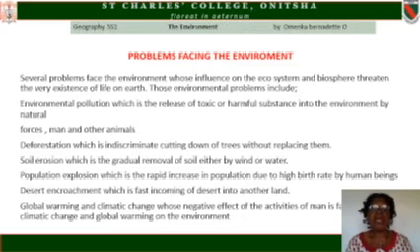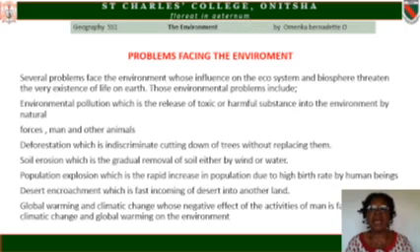Then we look at another subheading, problems facing the environment. The environment is not without any problem. We have a lot of problems on the environment. Several problems face the environment, whose influence on the ecosystem and biosphere threaten the very existence of life on Earth.